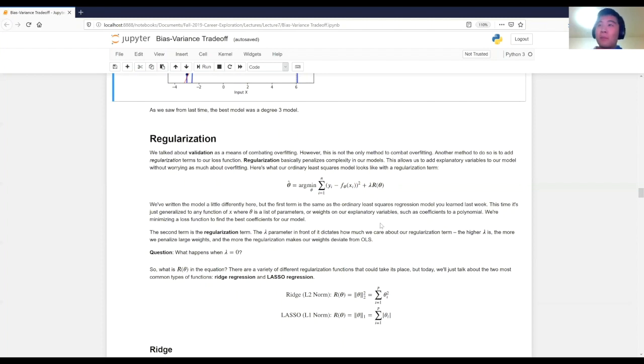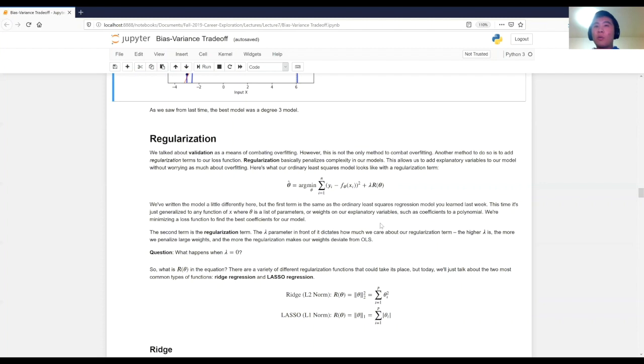Lambda is a hyperparameter that we will give to the program ahead of time and that we won't train. This lambda is determined by fine-tuning our model manually most of the time. Theta is our weight vector, and r of theta is an estimate of the complexity of this weight vector.